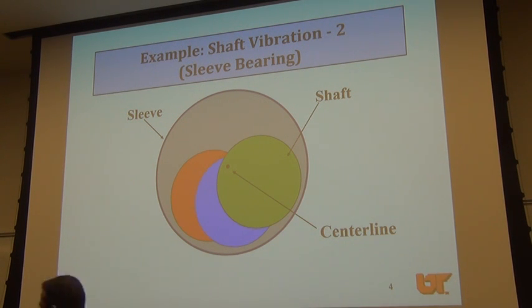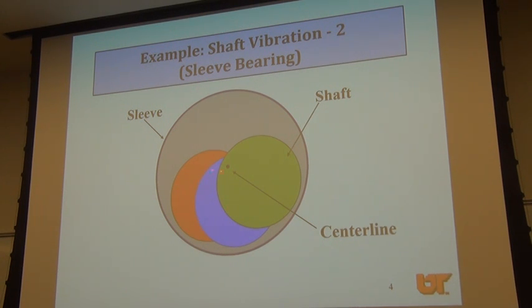Okay. So what this is showing is the shaft here. The center of the shaft and the sleeve is right there, and the shaft is a little bit off the center. And this may be caused because of the oil. This gap here is filled with lubrication oil. So if the clearance or the gap is large, then this oil is going to shake the sleeve or the shaft.